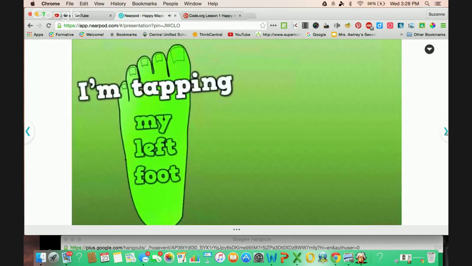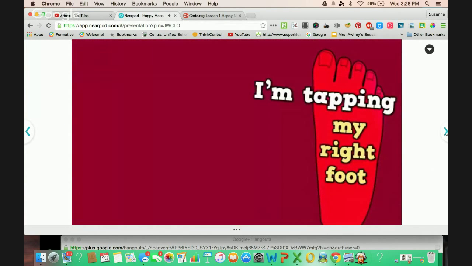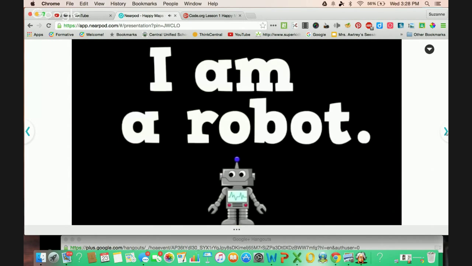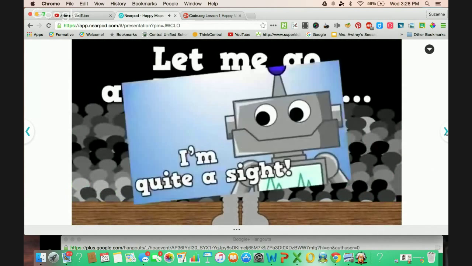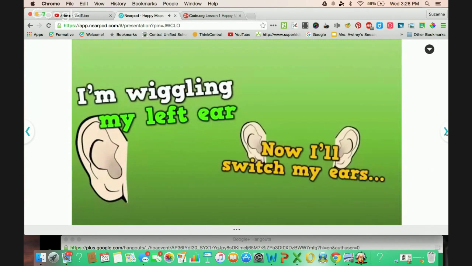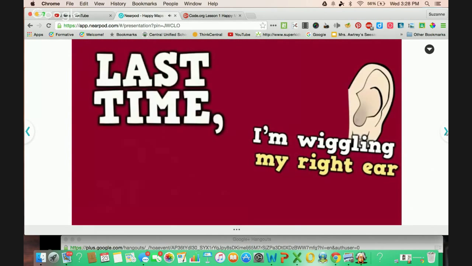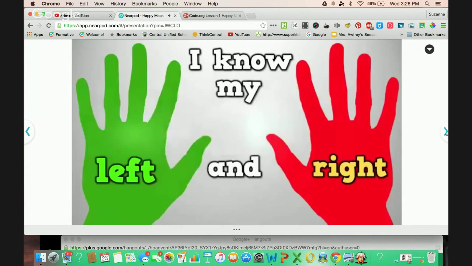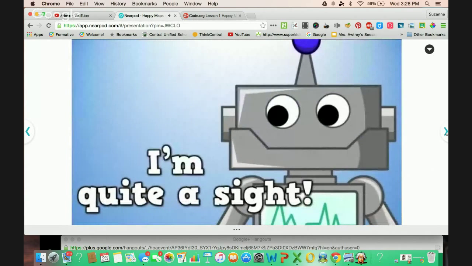I'm tapping my left foot. Now I'll switch my feet. I'm tapping my right foot. Tapping to the beat. I am a robot. I know my left and right. Let me go and show you. I'm quite a sight. I'm wiggling my left ear. Now I'll switch my ears. I'm wiggling my right ear. Last time, oh dear.